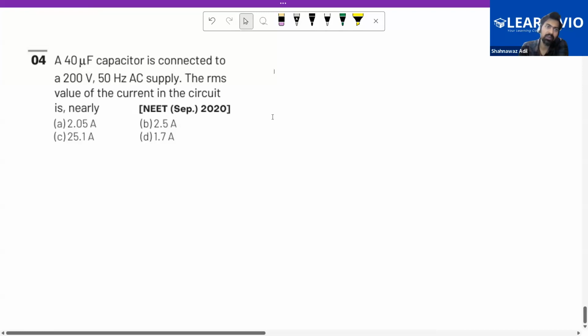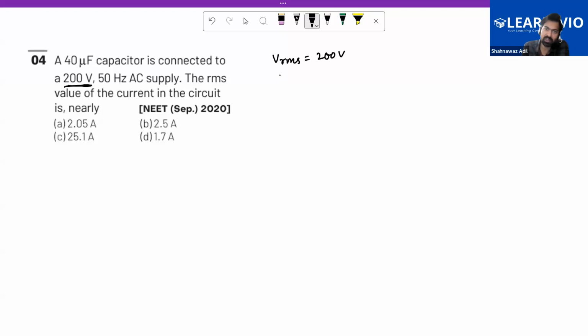Okay. So we know that what is this value given? Always remember in an AC circuit, they will always give you the value of the RMS voltage. So VRMS is 200 volt. 50 hertz is the frequency. And then the RMS value of the current in the circuit is asked.